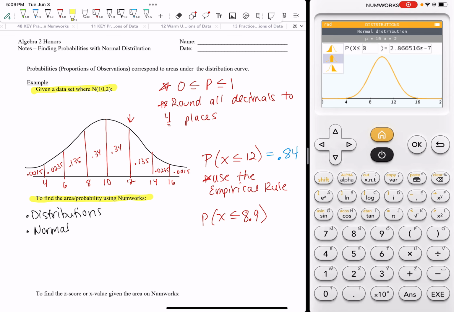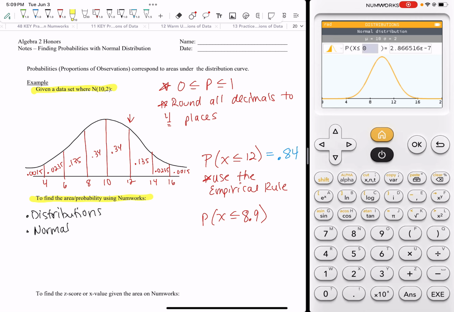If you're looking for the probability to be between two numbers, you're going to pick the one with the shading in the middle. And just to show you what happens, it pops open 2 places for you to type in your numbers. Likewise, if you want it to be greater than or equal to, you go down to the last one. You see how it changed your inequality, okay? So we want to go back in, though, because we want it to be less than or equal to.